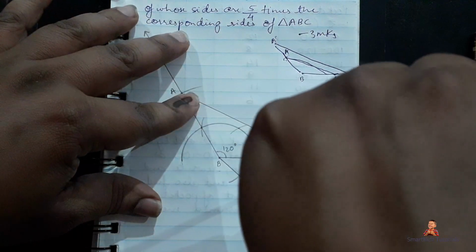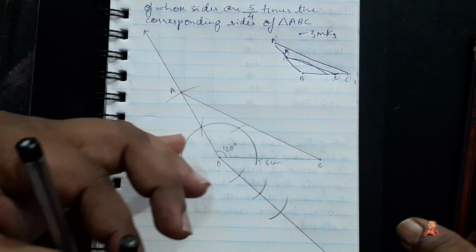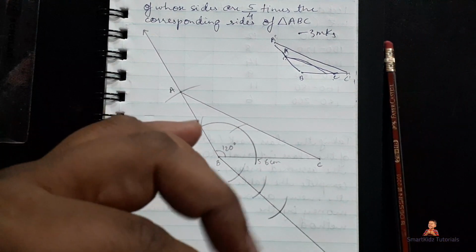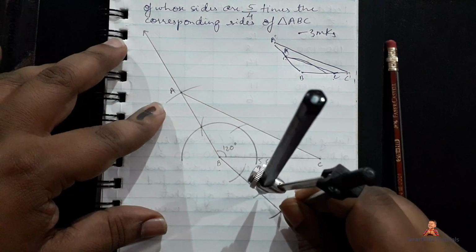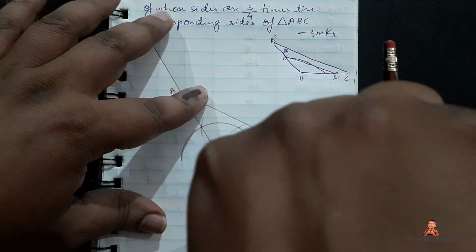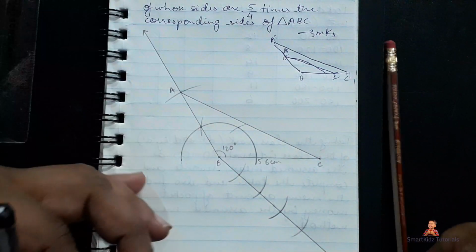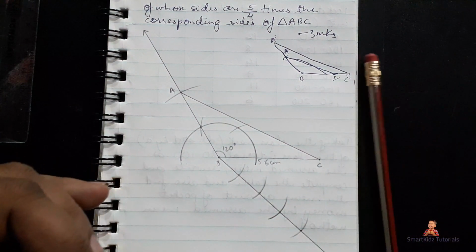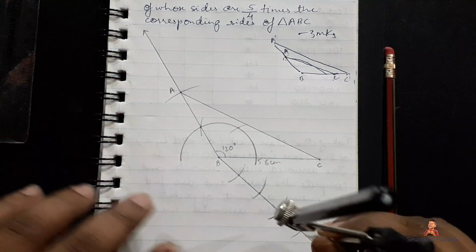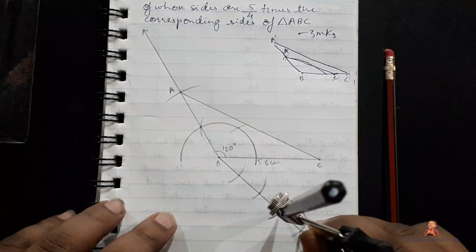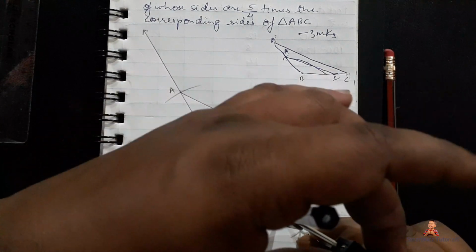Again, taking this as a center, we draw another arc, that's 3, mark that point and we'll make that a new center. And we cut another one here, where the arc cuts the line becomes a new center. And now we have constructed 4 of them. Let's do the 5th and final one.